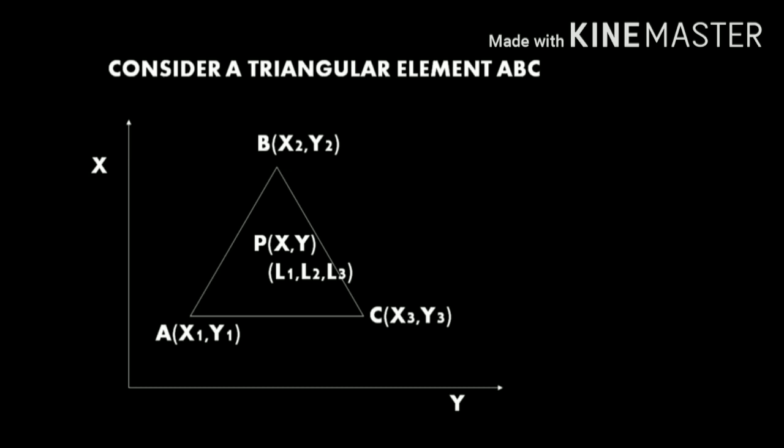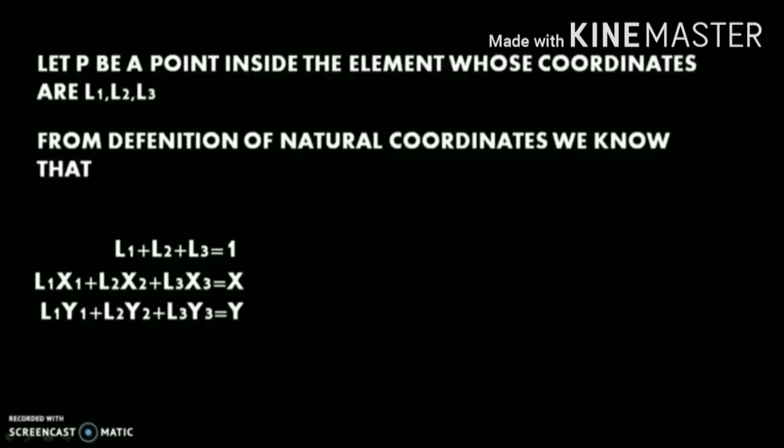L1, L2, L3 are the natural coordinates at the point P. From the definition of natural coordinates, we know that L1 plus L2 plus L3 equals 1, and the position x is given as L1 x1 plus L2 x2 plus L3 x3, and the position y is given as L1 y1 plus L2 y2 plus L3 y3.